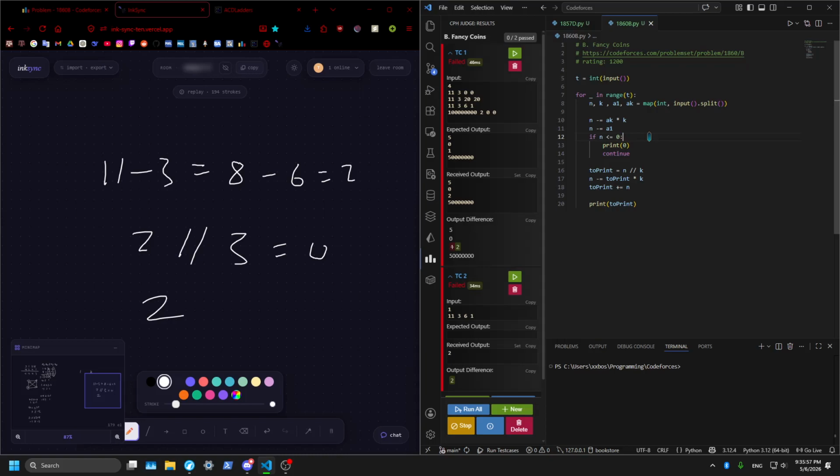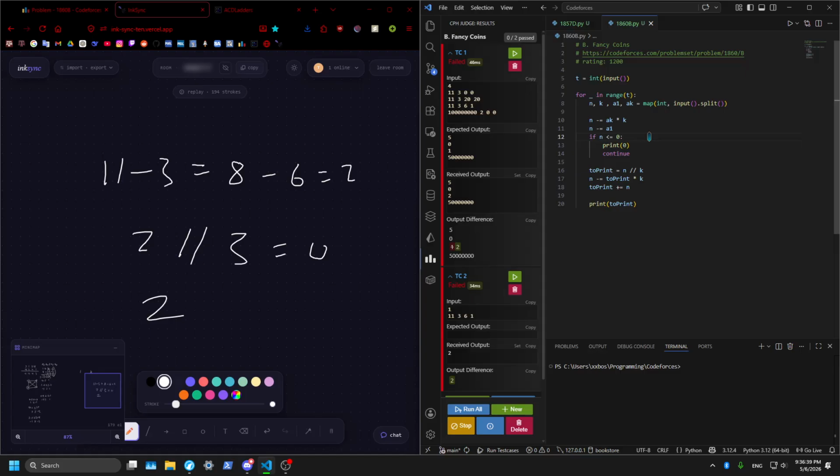If we add back a k, no, if we add back a 1, what if it's like a number of 1s?